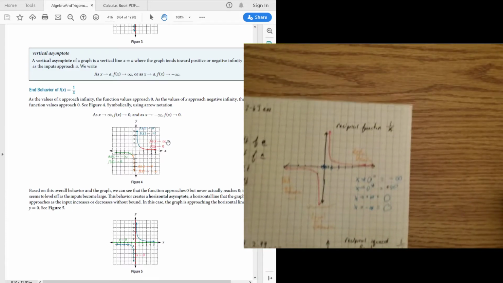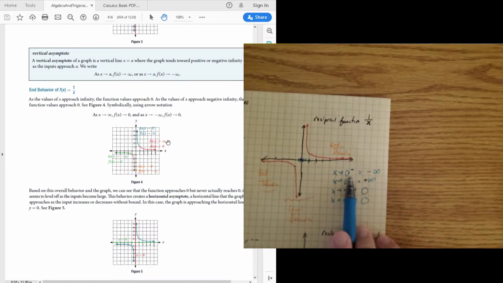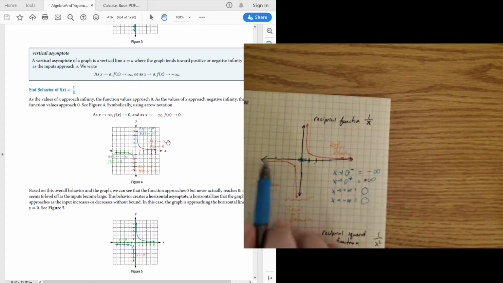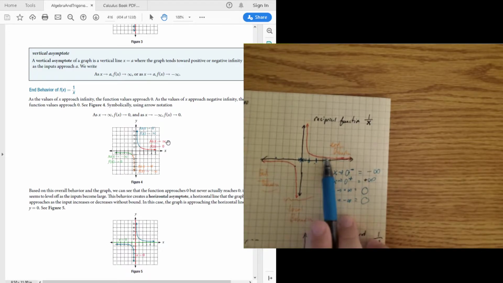So before we go on, let's finish up with this one. As we're going towards 0 from the left, we are going towards negative infinity. So as we approach 0 from the left-hand side of 0, we are going down over time. As we're approaching 0 from the right, we go towards infinity. As x goes towards infinity, we level off, we go towards 0.